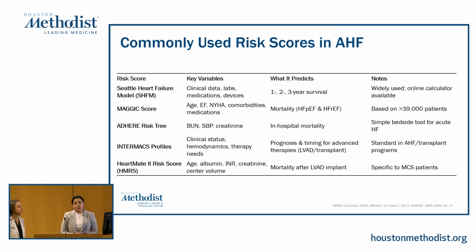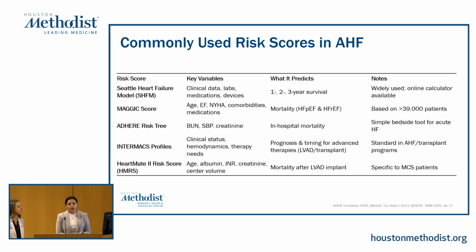The risk score. Why do we use risk scores? Risk scores are a way to establish, either in an outpatient setting or an inpatient setting, to understand the trajectory of the patients. There are multiple risk scores available to do this. There are outpatient risk scores like Seattle Heart Failure and the MAGGIC risk scores.